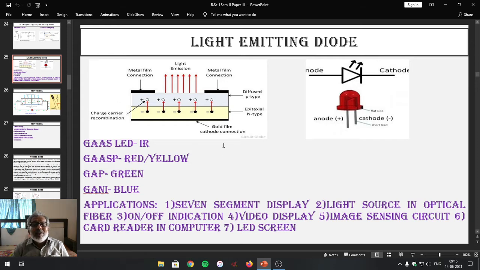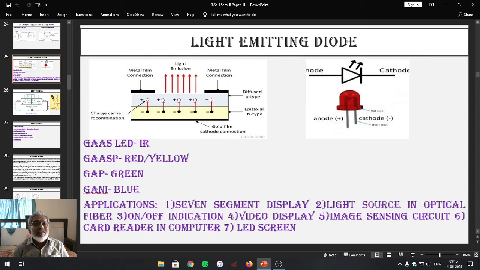Students, the material used in the composition of light emitting diode is something different than that we have used in the case of a simple PN junction diode. A simple PN junction diode is constructed using silicon or germanium. But in this case, the material used is gallium arsenide or gallium arsenide phosphide, gallium phosphide or gallium nitride. So these are different types of semiconducting materials.